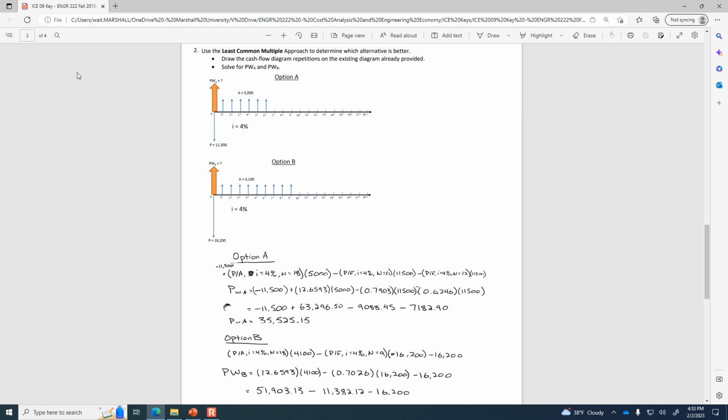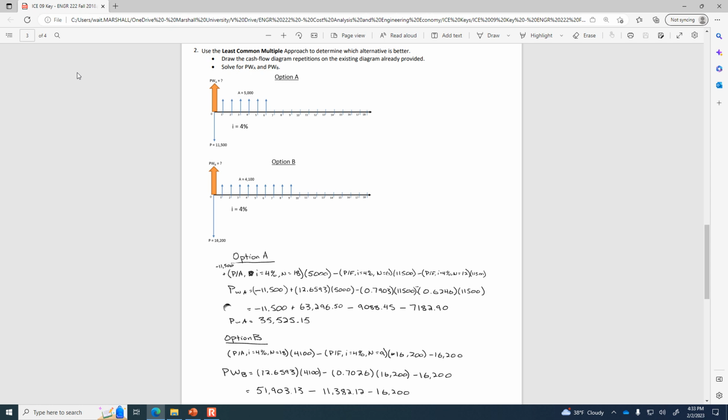And then we have the plus sign because of the revenue, the $5,000 each year for 18 years. We have to multiply that by 12.6593, which is the discount factor for an annual series, which lasts 18 years at 4% interest. So it's that factor multiplied by 5,000.